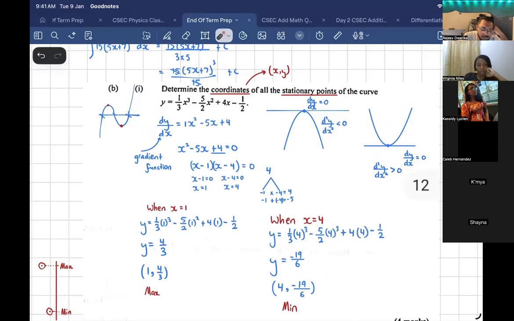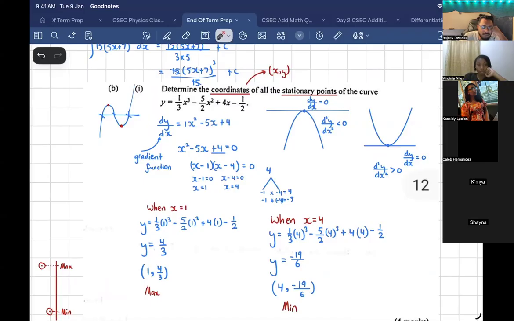After that, we factorize. We end up with x minus 1 and x minus 4. Then we find our two x values: x minus 1 is equal to 0, which makes x equal to 1, and x minus 4 is equal to 0, which makes x equal to 4.